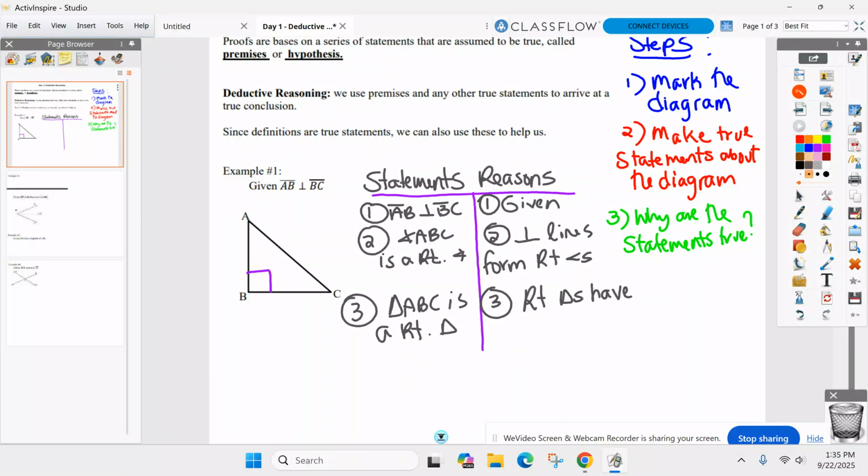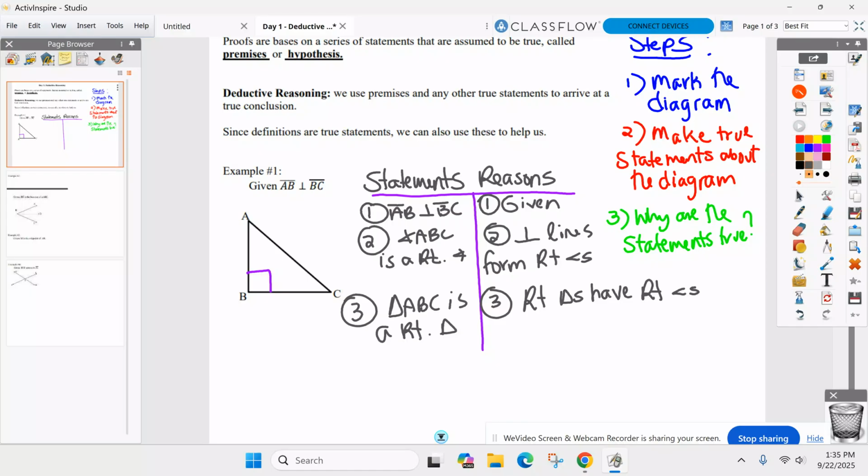What do right triangles have that ours has? Right angles. Good. These are reasons we will be using all year, so please start using them yourself. Do not start making up anything on the fly. Use the reasons we have here.